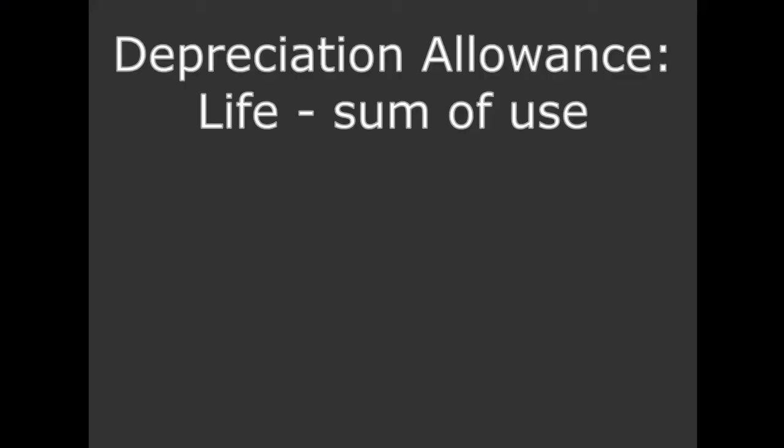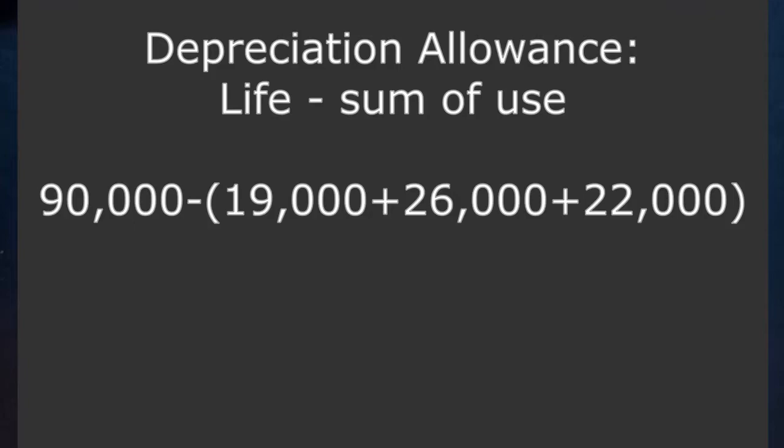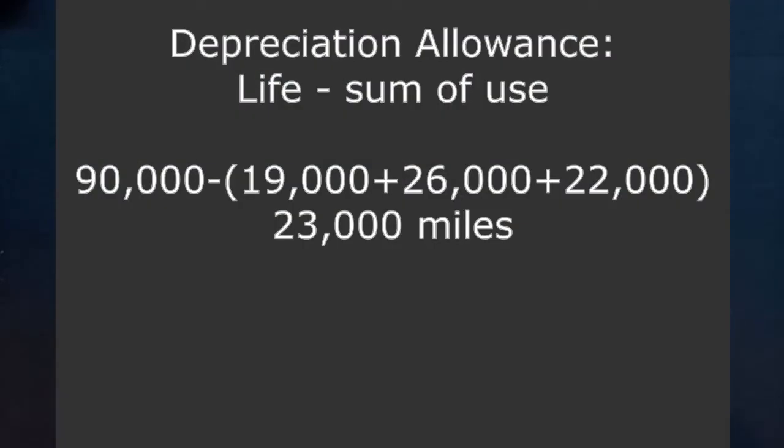If you wanted, the depreciation allowance would be the remaining depreciation. So that would be your 90,000, the life, minus the sum of the use so far. And when you do that, your depreciation allowance is 23,000 miles left.